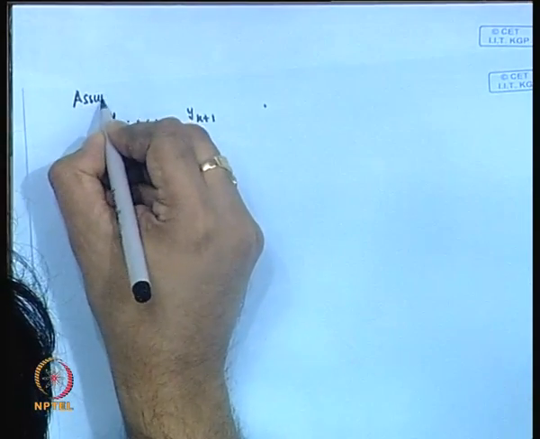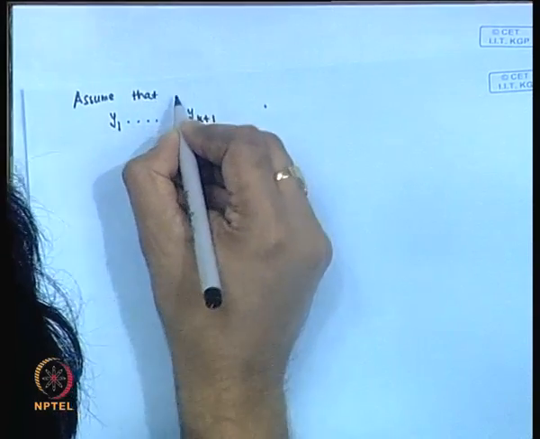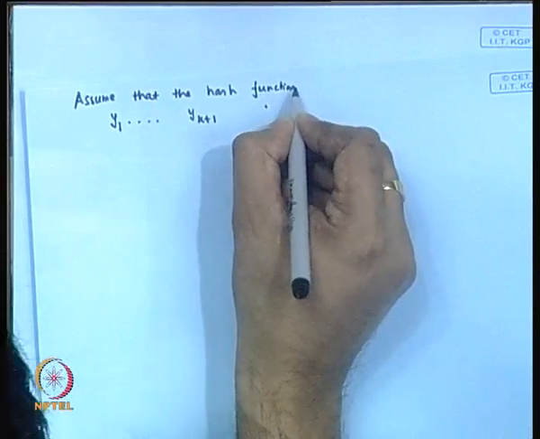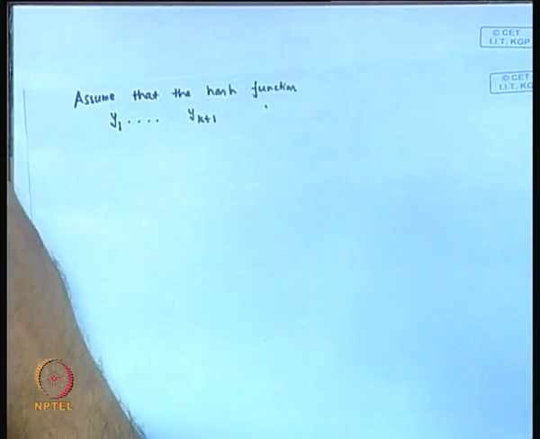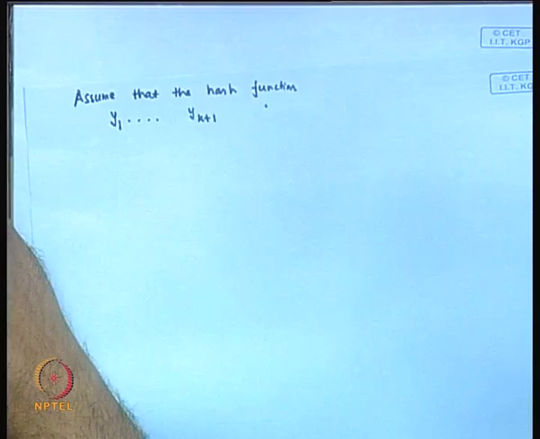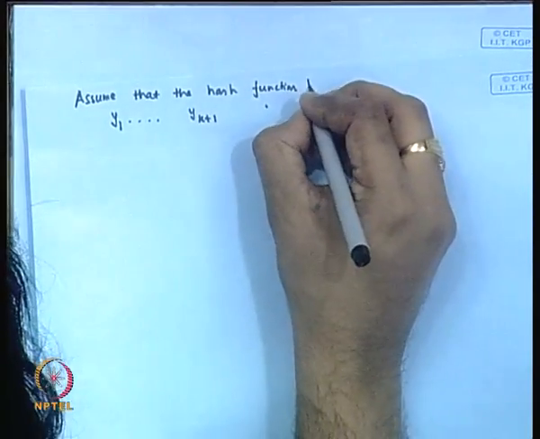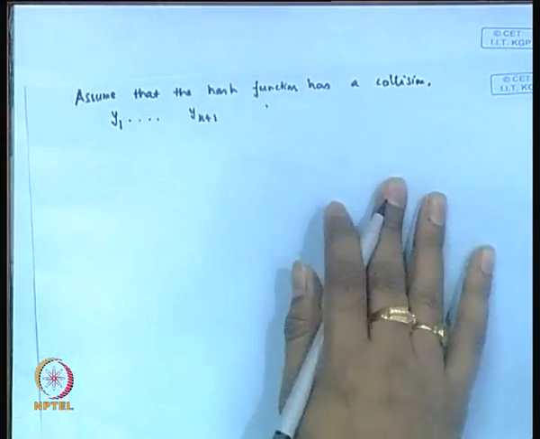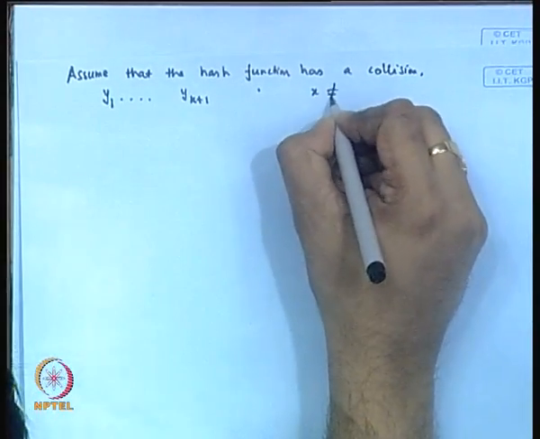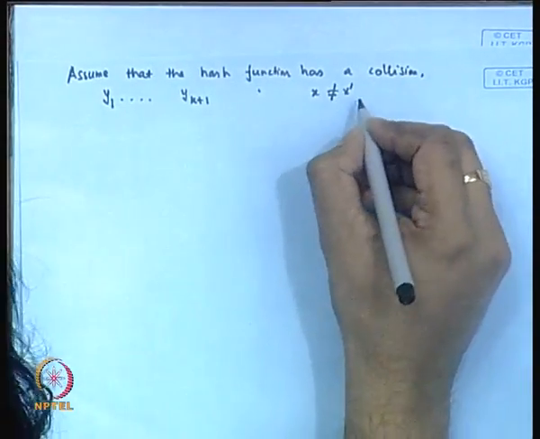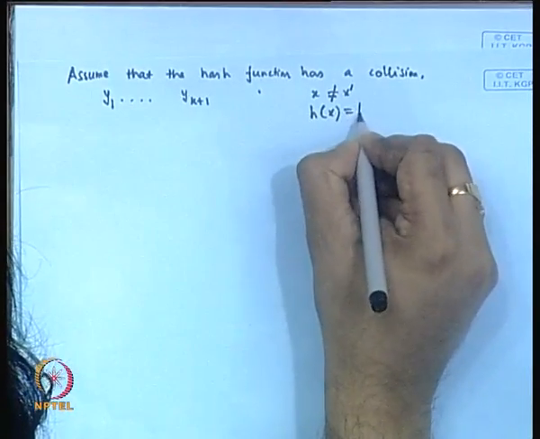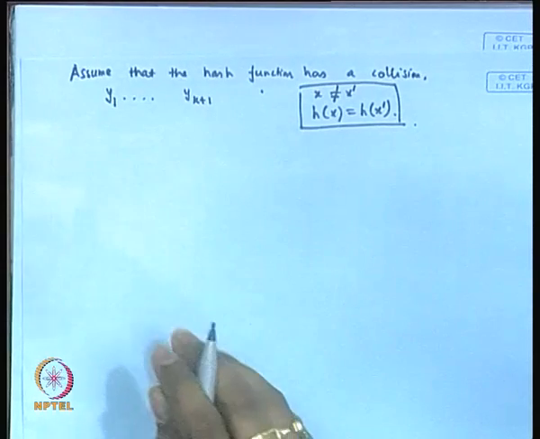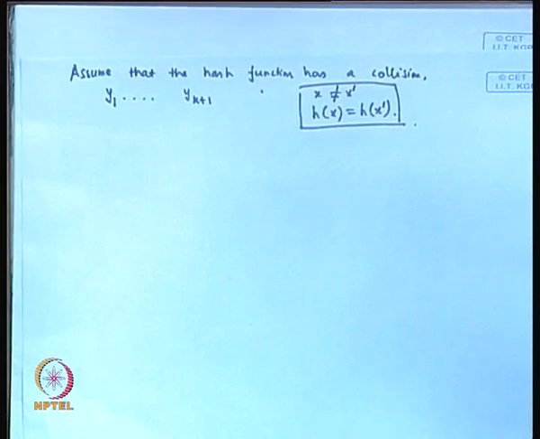So if you assume that the hash function has a collision, that means x and x dash, which are not the same, have hx and hx dash the same. You have found two such values.